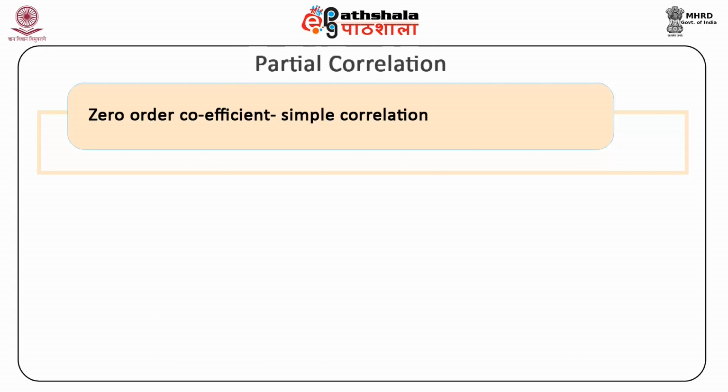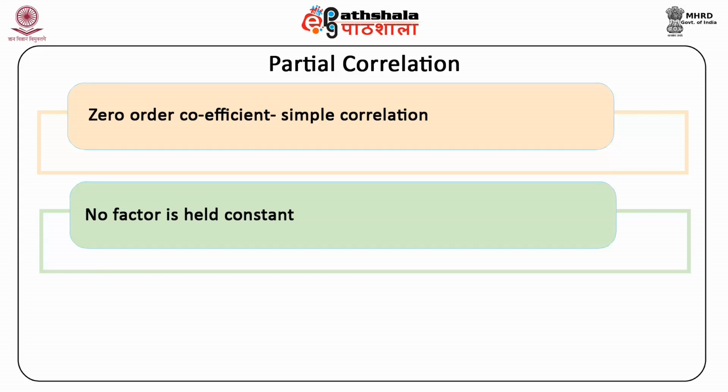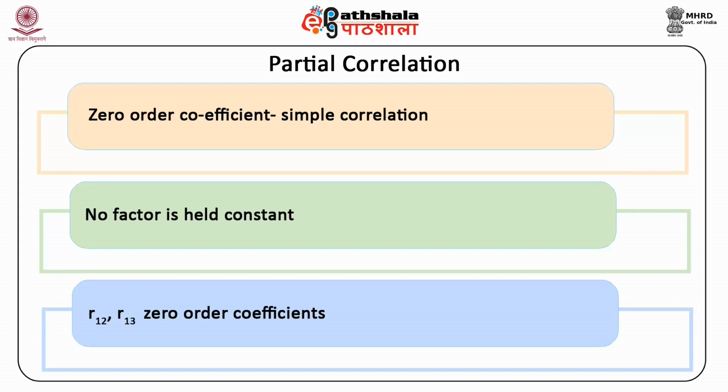Zero order coefficient is a term defined to explain the simple correlation between two variables. It is called zero order coefficient since in simple correlation no factor is held constant. Thus, R12, R13 and so on are called zero order coefficients.